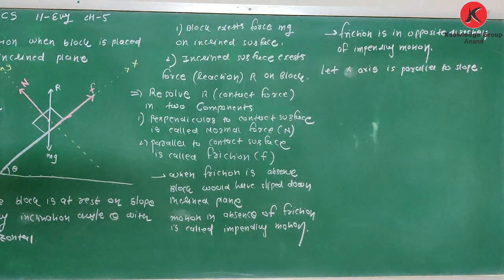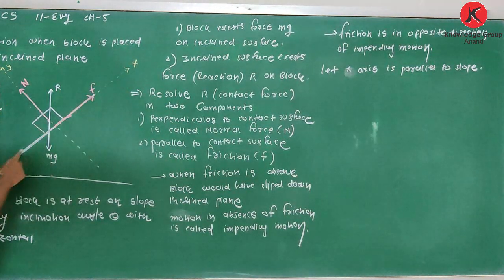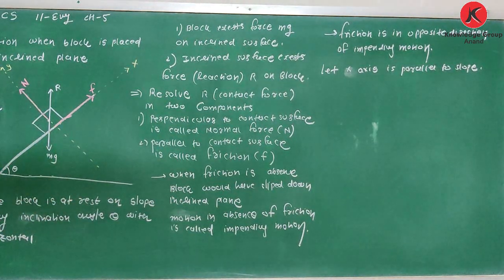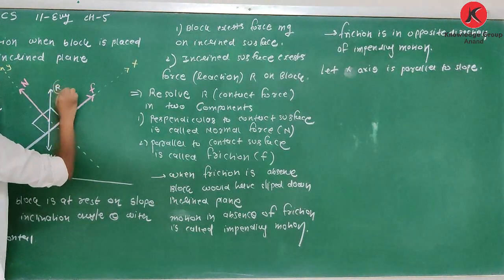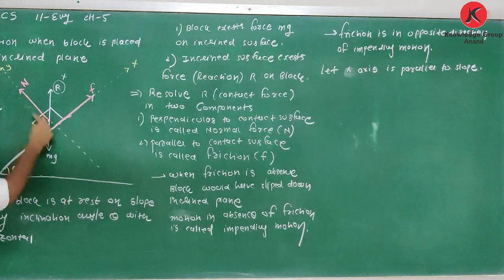So yes, here there are three forces: mg, f and N. Now see, this friction force is along the x-axis. This normal force is along the y-axis. As we have considered normal force and friction force, we do not have to consider the reaction force R. So now we have mg, f and N. f is along the x-axis, N is along the y-axis.